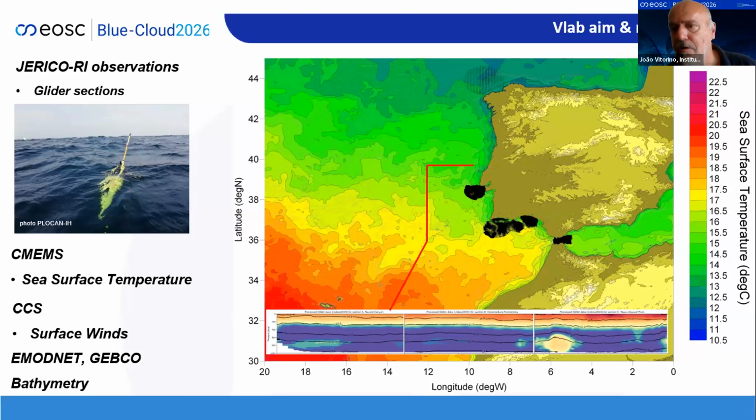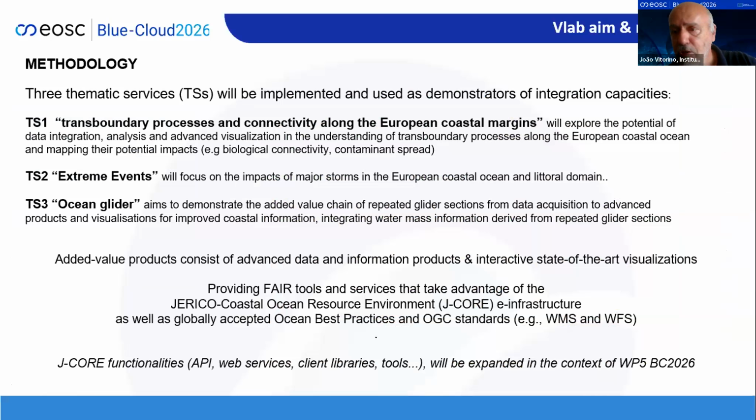So we know that the deep ocean dynamics can promote the development of a number of coastal ocean currents and circulations and flows, particularly in the continental slope. And so we can combine the systems that are observing the continental shelf slope areas with the systems that are observing the deep ocean nearby, and so have a better understanding of how the deep ocean is forcing the coastal ocean dynamics. So this virtual lab is built with three thematic services.